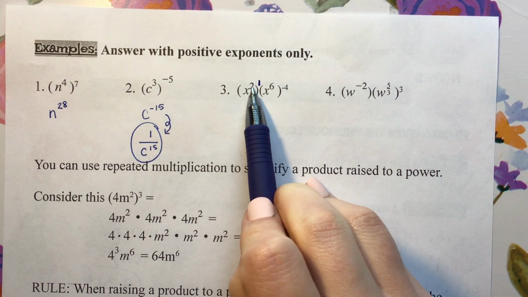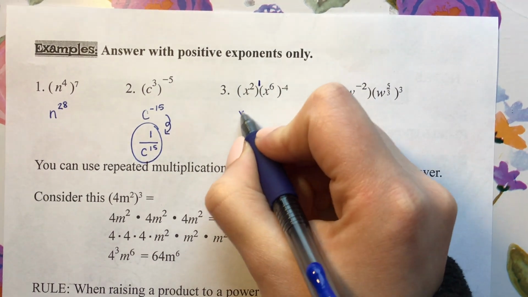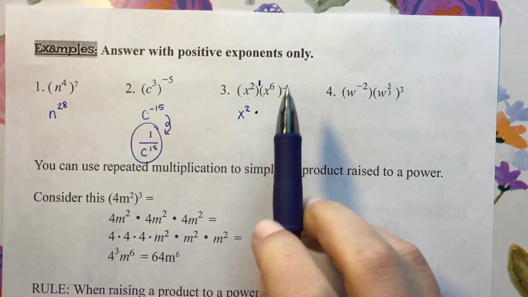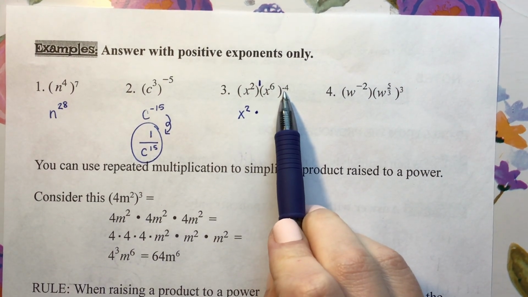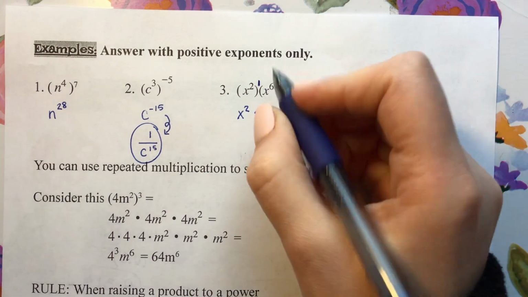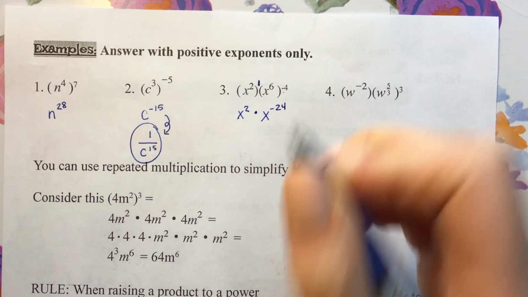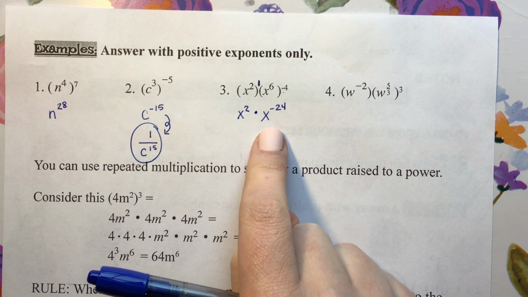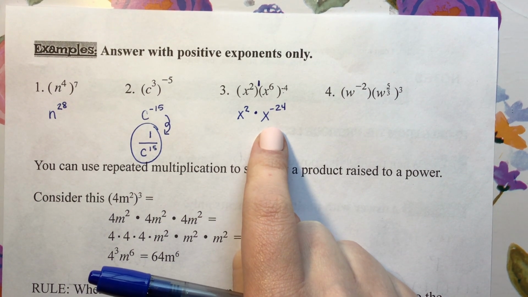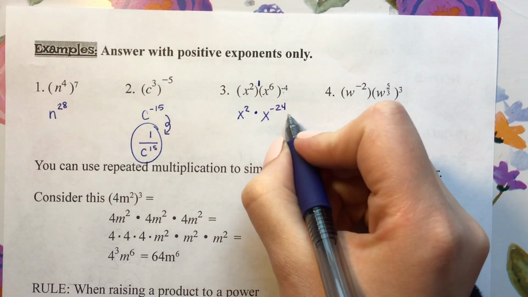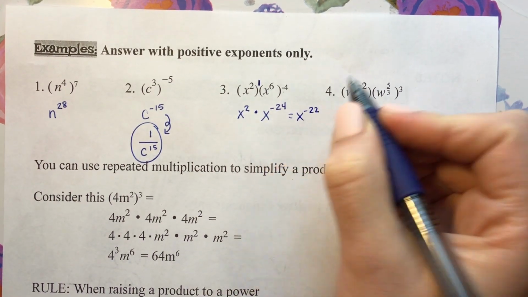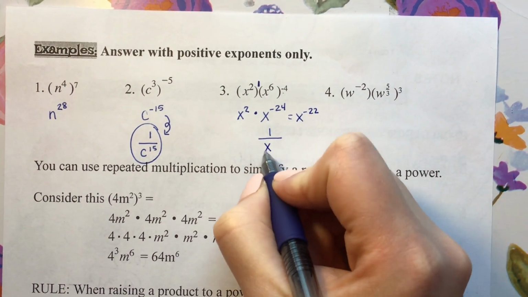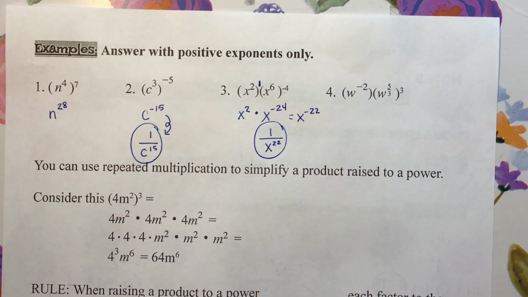So x squared raised to the first is still x squared, times x to the 6th raised to the negative 4th, which is going to be x to the negative 24th. Now I need to multiply these two together, and my rule of multiplication is to add exponents. So this is becoming x to the negative 22, or 1 over x to the 22nd to make that exponent positive.